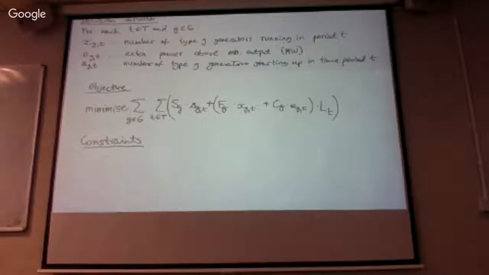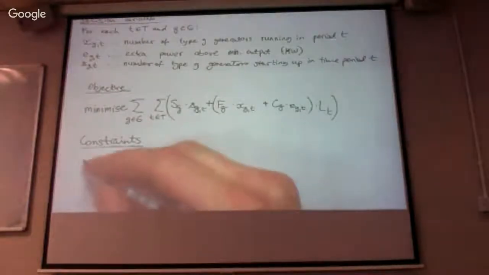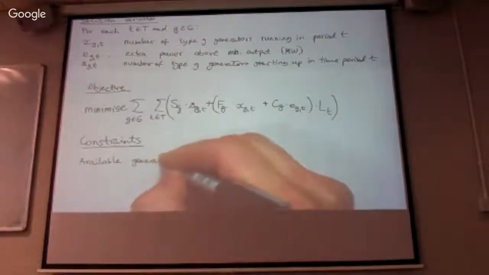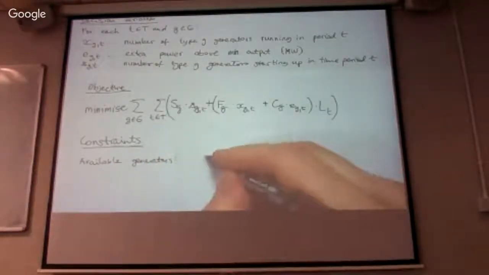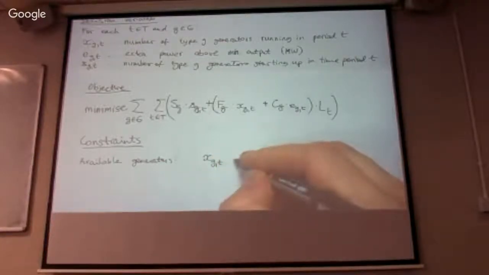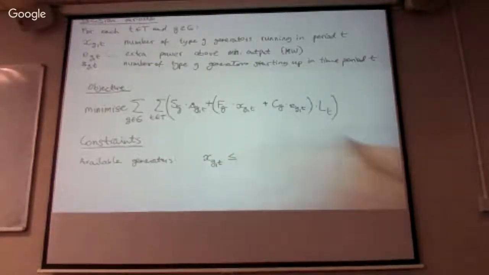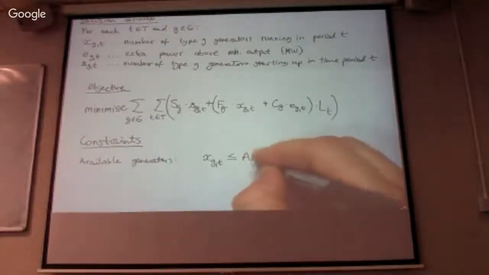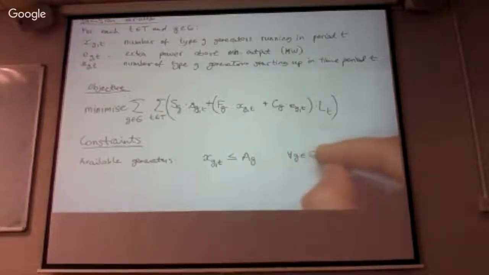The first thing it says is the number that are available, so that we shouldn't be using more than is available. So the number we're using in any time period should not be more than the available number of type G, and this applies to every generator type and every time period.